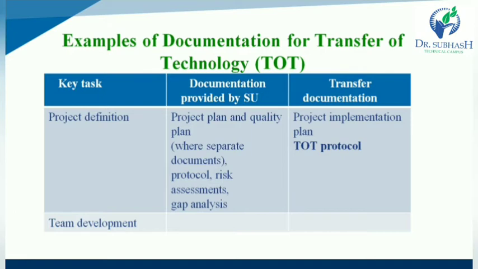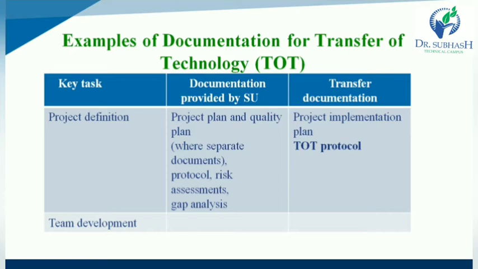Documentation provided by sending unit: project plan and quality plan, as separate documents, as well as protocols, risk assessment, and gap analysis. And for transfer documentation, project implementation plan and transfer of technology protocol.